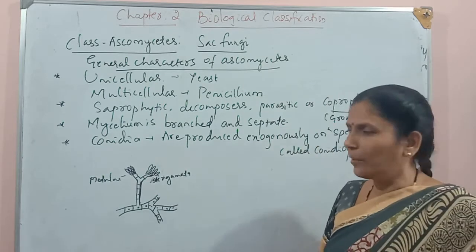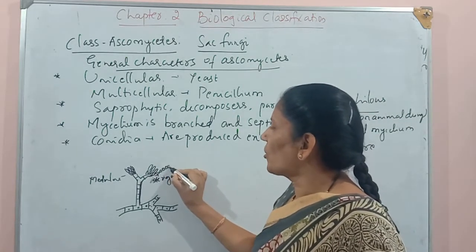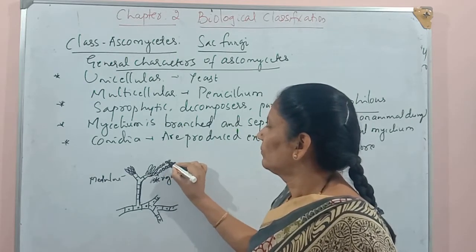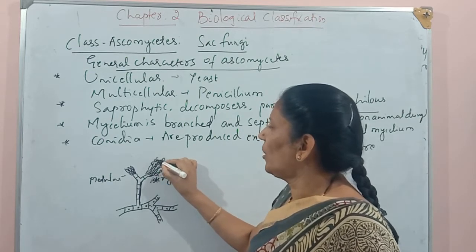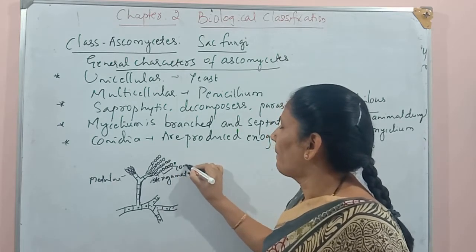And above these sterigmata there is a chain-like structure on each sterigma. This chain-like structure is called the conidia.